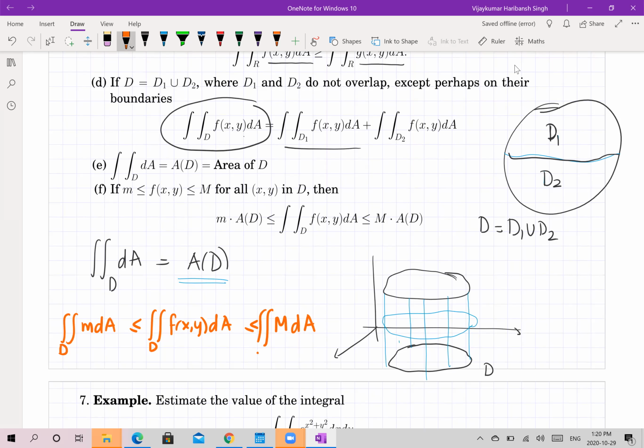Now this M can come out, so you get M times the integral of dA, which is A_D, the area of domain D. Similarly on the other side you get A_D again. So this gives you a bound on what the integral is going to be.